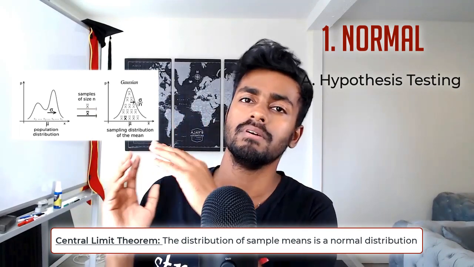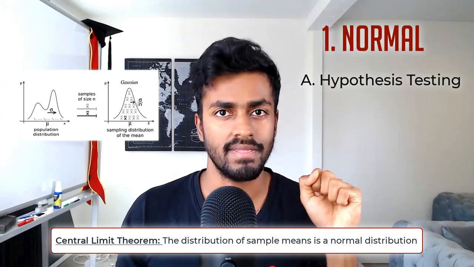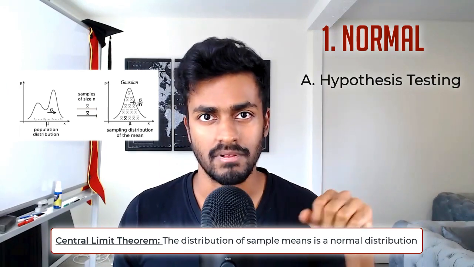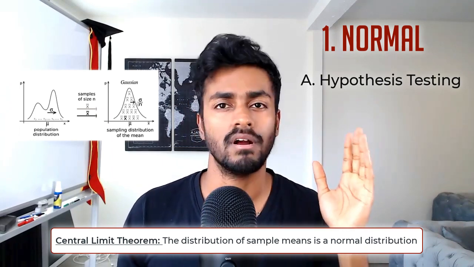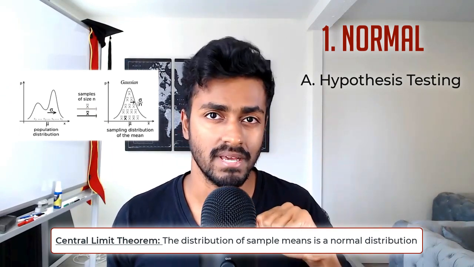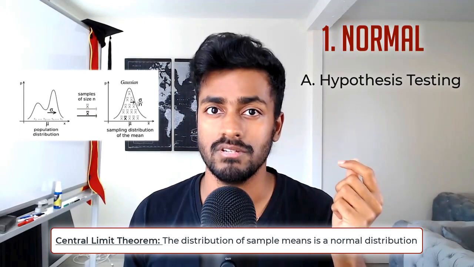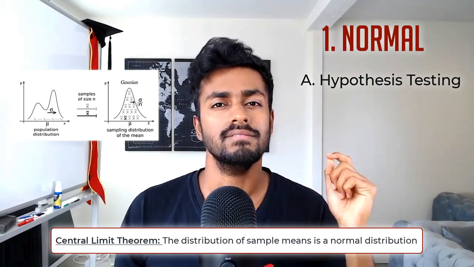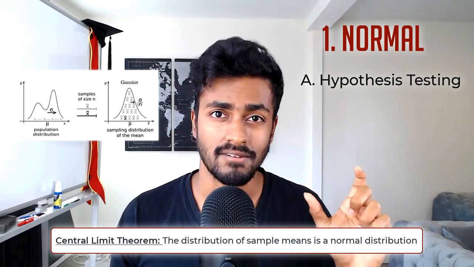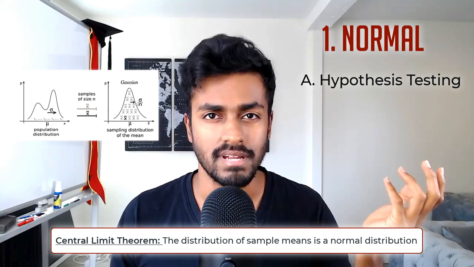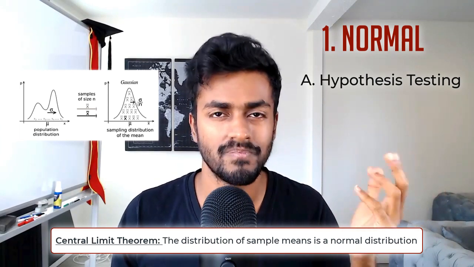So if we have a population of 500,000 and then we take a sample size of 1,000 and compute the mean of that sample and just repeat this procedure again and again, maybe let's say 400 times, we get 400 means. The distribution of those means should follow a normal distribution. Now, this is typically followed, especially if the sample size that we're taking is at least 30. And so it's not too hard, it's not too strict of a condition.